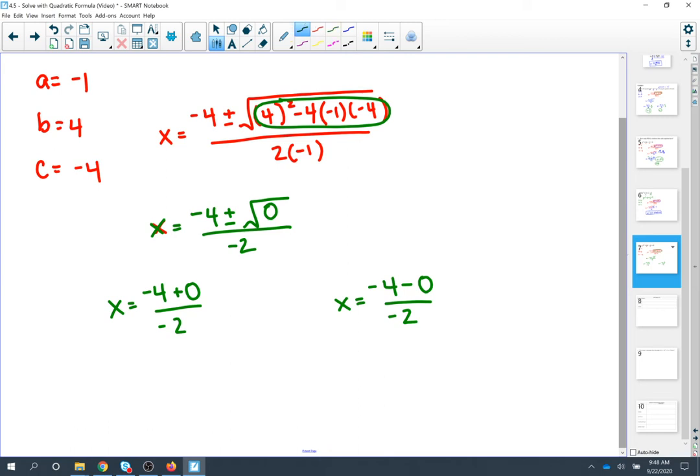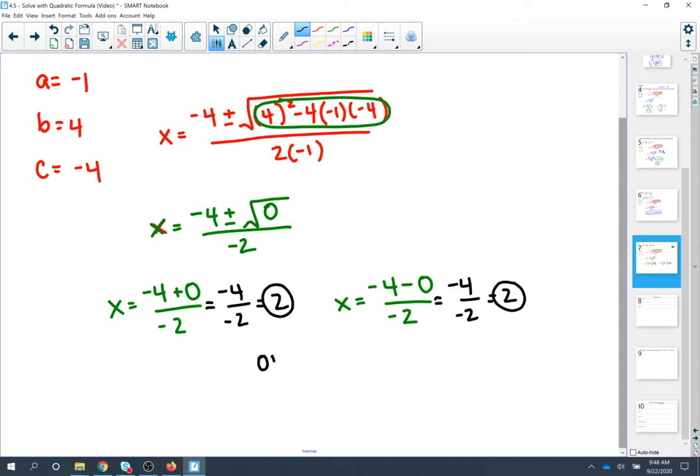Well, if I do negative 4 plus 0, that's negative 4 over negative 2. That's 2. If I do negative 4 minus 0, that's still negative 4 over negative 2, which is 2. So our solution is 2, and how many real solutions is that?